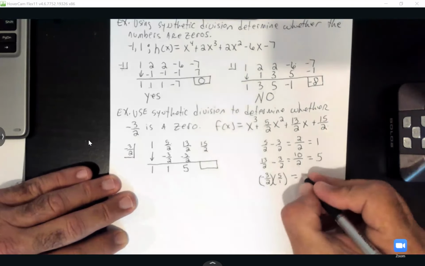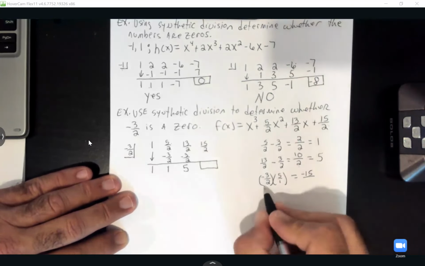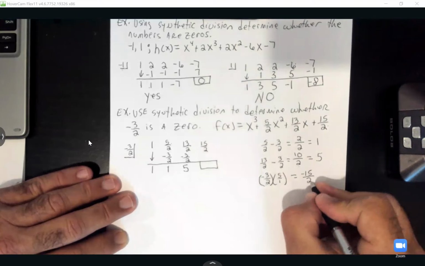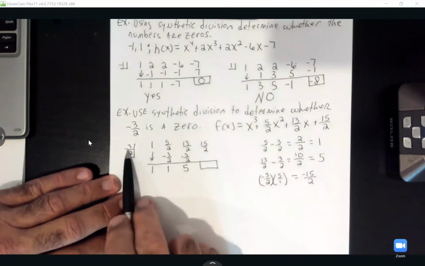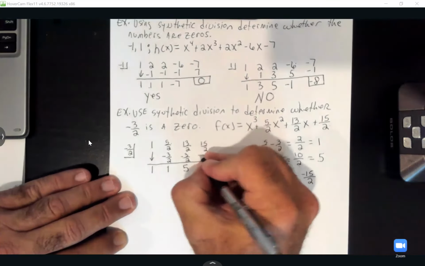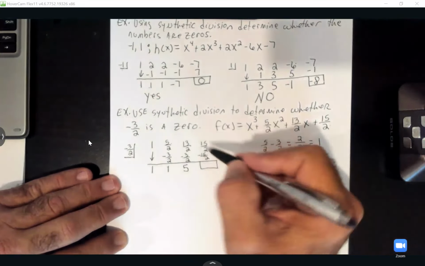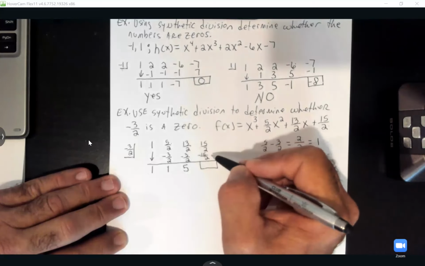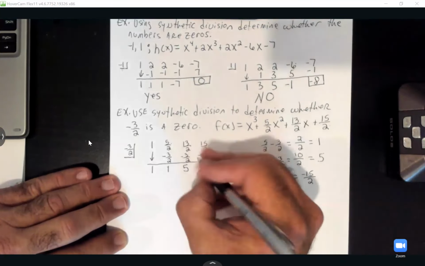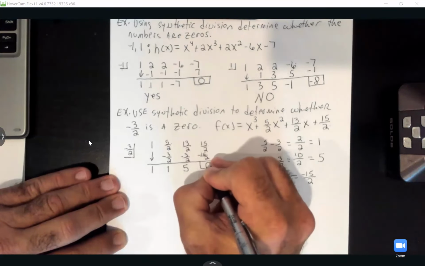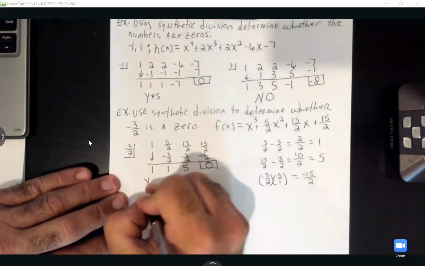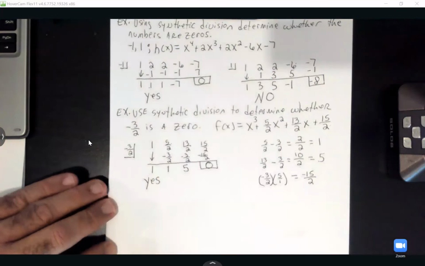Negative 3 times 5 is a negative 15. 2 times 1 is 2. So 5 times negative 3 halves gives me a negative 15 halves. And y'all look at that. 15 halves positive, 15 halves negative, adds up to get me a 0. So this is a yes.